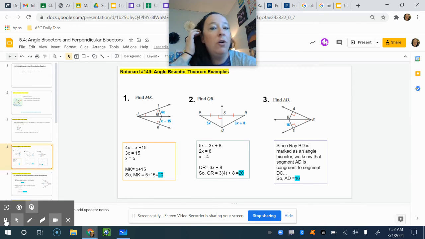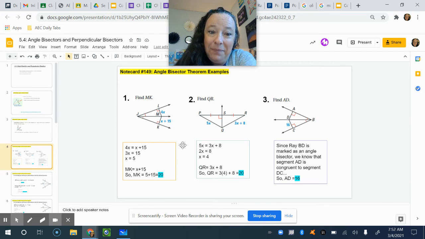All right, so now note card 149, angle bisector theorem examples. And guys, these are as easy as they seem, okay? Right here, I've got these two little red arcs, meaning that those angles are congruent, meaning that JM is an angle bisector. And then these little distances that are labeled in blue are equal. That's the theorem.